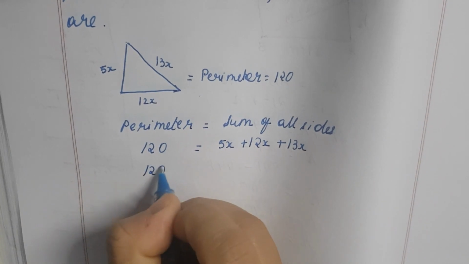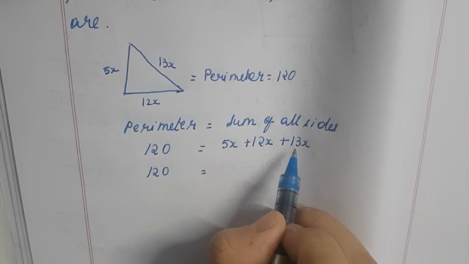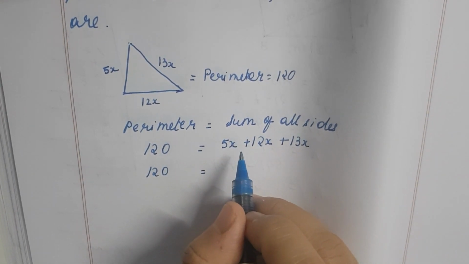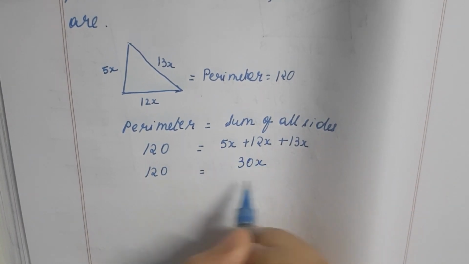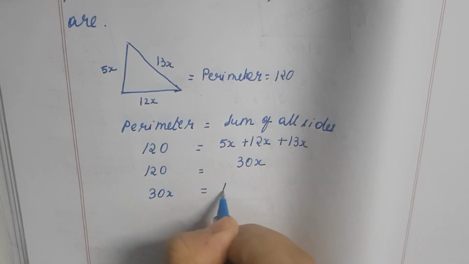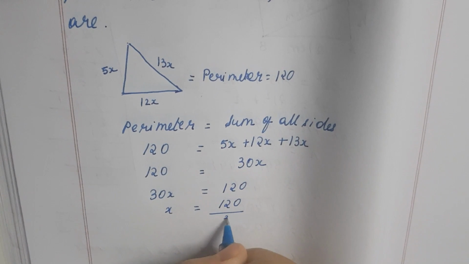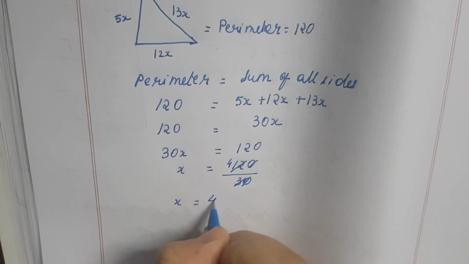So 120 is equal to, see, 12 plus 13 is 25, 25 plus 5 is 30, so it is 30x. Now we have to find x. So interchange and write: 30x is equal to 120. So x is equal to 120 divided by 30. Zeros cancel. 3 ones are 3, 3 4s are 12. So x is equal to 4.